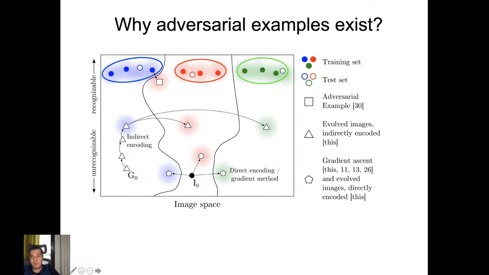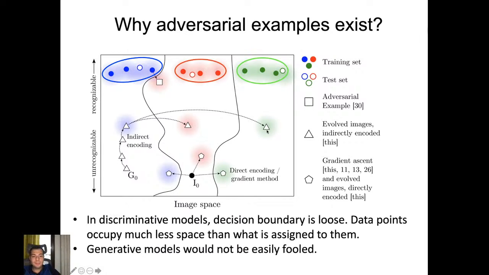For example, the objects that are typically seen in the training data are dispersed on this axis, and if you look at the other axis, you have no data to fill in the space, and you can easily construct adversarial examples by going into this area of the space. In this area the boundary is loose, and the model is not confident in the predictions.